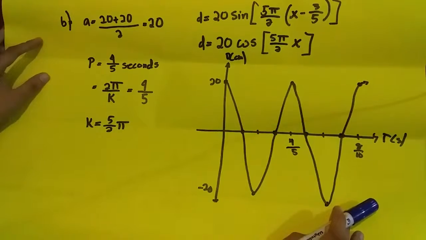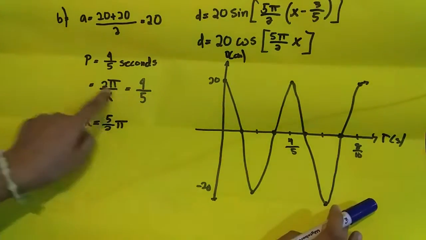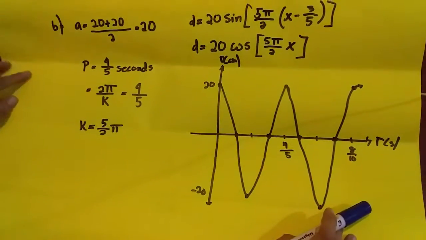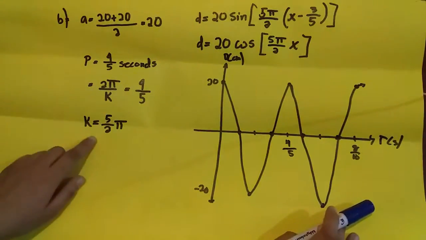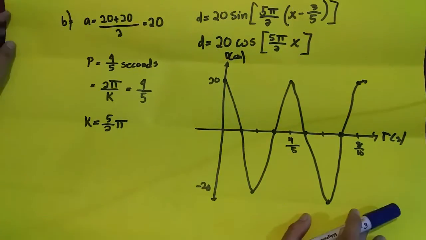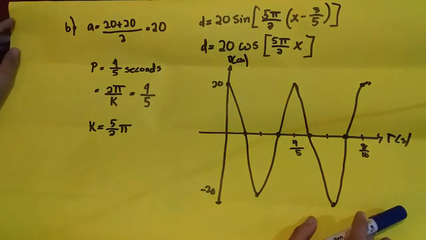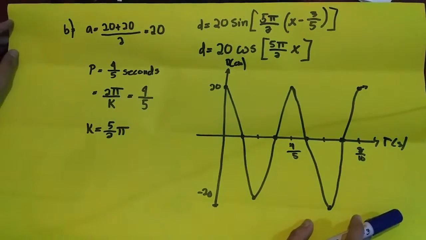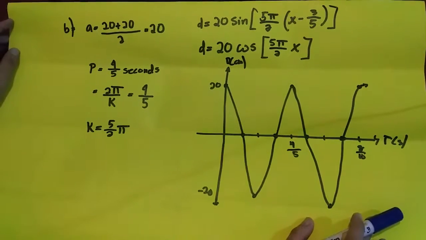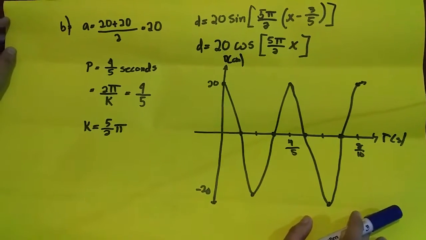P, or period, is equal to 2 pi over k, so we substitute. k must be equal to 5 pi over 2. For our equation for sine, d is equal to 20 sine of 5 pi over 2 times x minus 3 over 5.